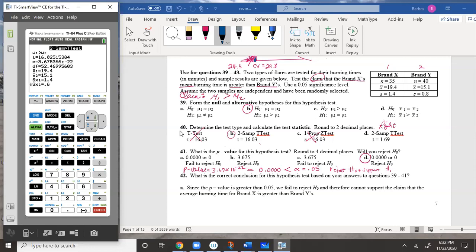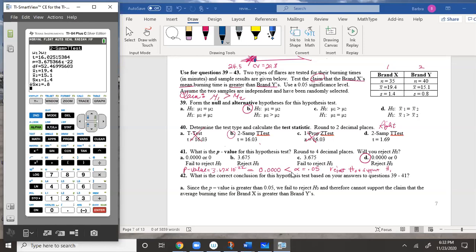So the correct answer in 40 is B. And the p-value is 3.67 times e to the negative 22. That's scientific notation for 3.67 times 10 to the negative 22. That's moving the decimal to the left 22 times. So you're going to get a p-value that's pretty darn close to 0.